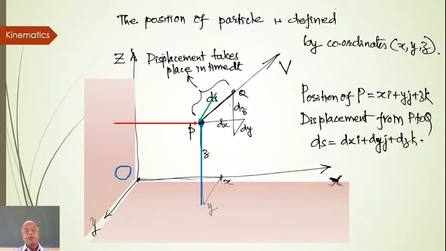Now if I take the point P, and I want to define P clearly, I will write P in brackets with x, y and z, indicating P of (x, y, z). In the sense, P is at a position from O at a distance of x along the x-axis, at a distance of y along the y-axis, and in the direction of z at a distance of z.